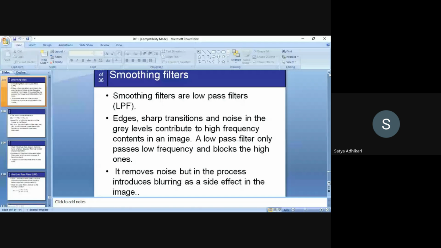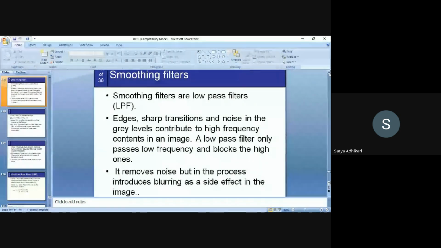Smoothing filters are low pass filters, LPF. Edges, sharp transitions, and noise in the gray level contribute to high frequency content in an image. A low pass filter only passes low frequencies and blocks the high frequencies.